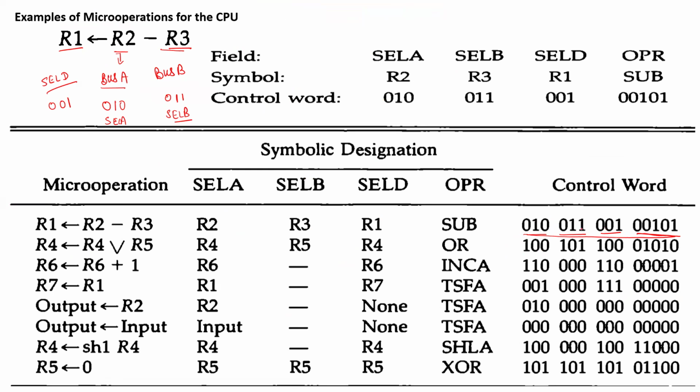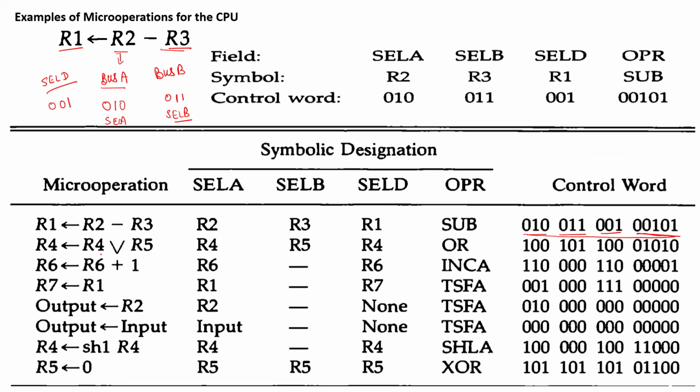On the basis of this control word combination only, the system is going to decide. The control memory controls this completely, the address sequence, the data, and which operation. That is done with the help of the control word.